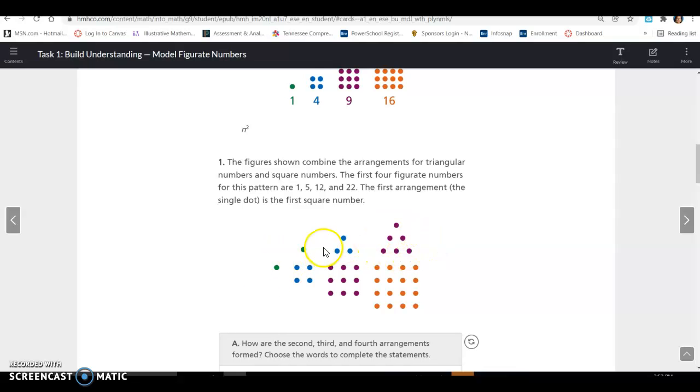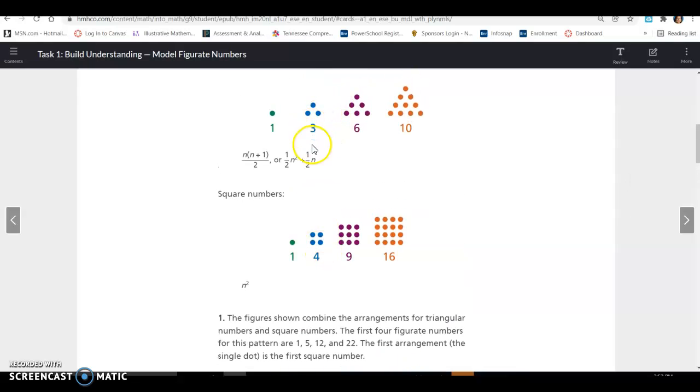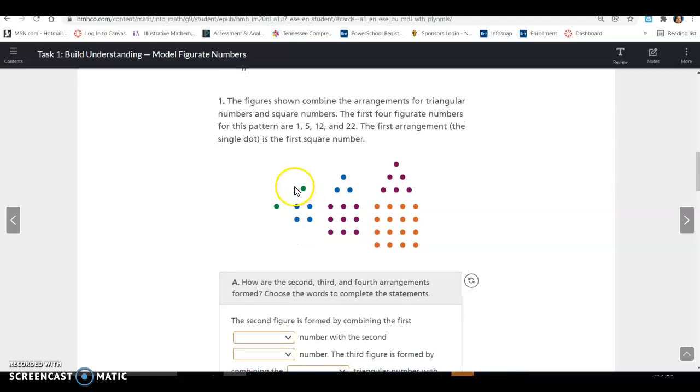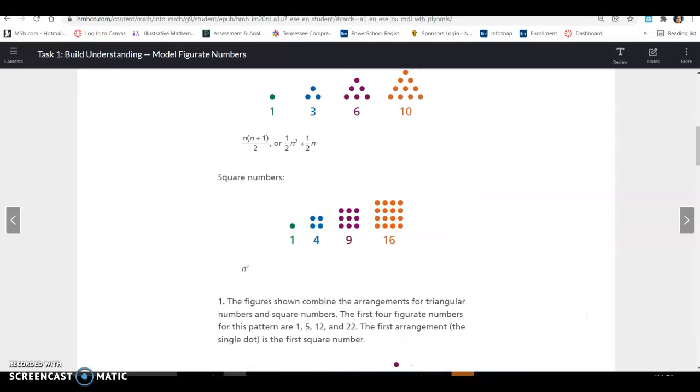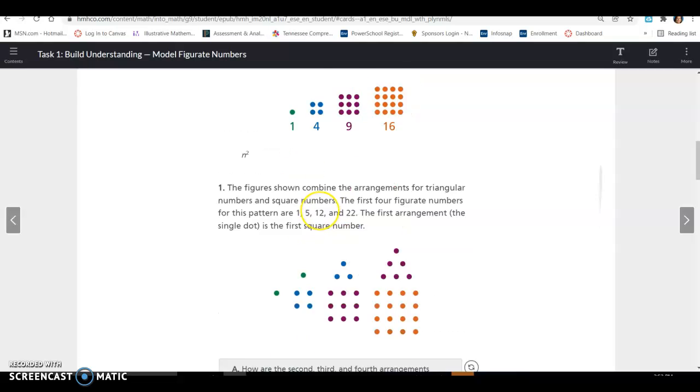What they're doing is combining this pattern with this pattern. You can see that they started with a dot over the second term here. So 1 dot, that was a triangle, that was the first term, and then this was the second one for the square. So we went from 1 to second place.